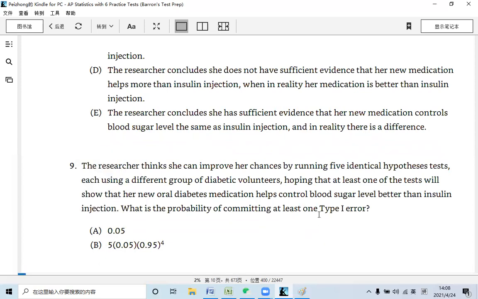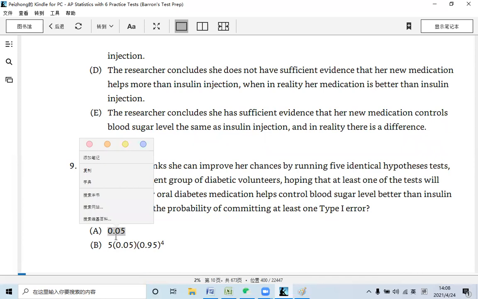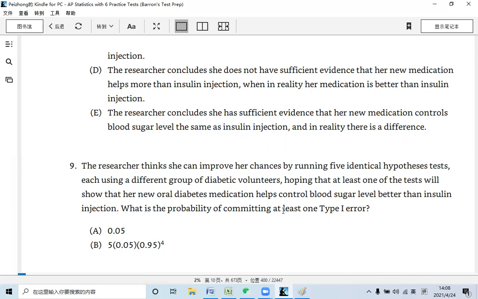Type 1 error is when the null hypothesis is true, and you are rejecting the null hypothesis. So for each one study, you have the probability of 0.05 of a type 1 error.